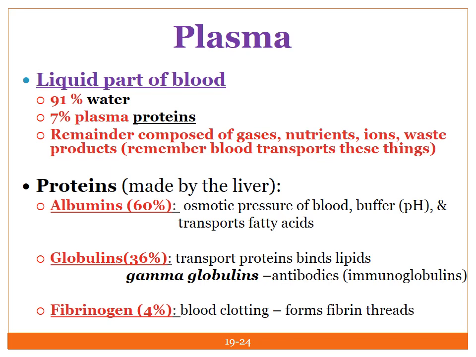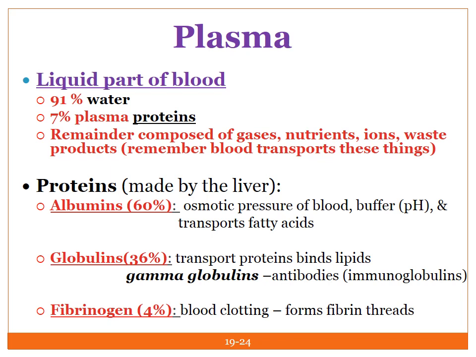The different ions like sodium, potassium, hydrogen ions, magnesium, chlorine, phosphate, etc. Waste products, so lactic acid, uric acid, bilirubin from the breakdown of red blood cells. And regulatory substances, hormones, enzymes. So these are all things that we see in the plasma component of blood.